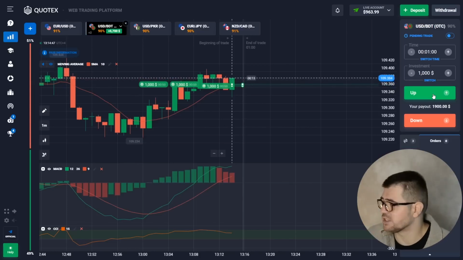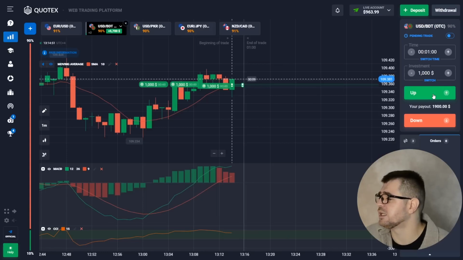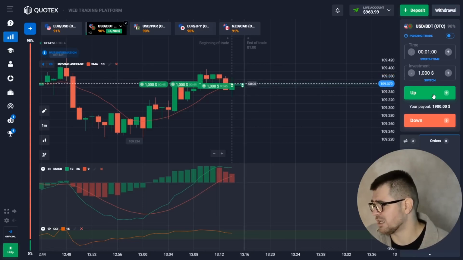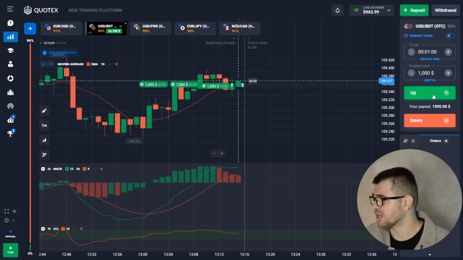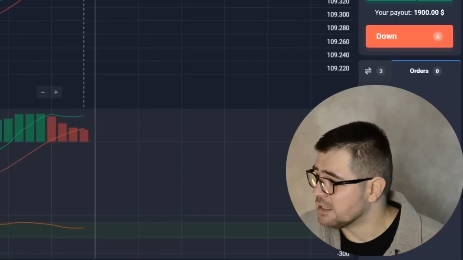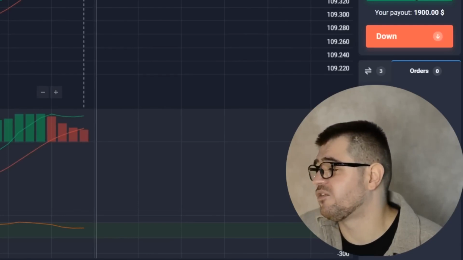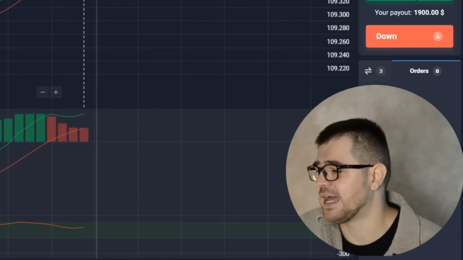Right, 3,000, because there is both a resistance line and a support line that we're in between now. The moving average is acting as a support line, and then we also have a major resistance line, and we're in between the two. So therefore we're kind of in a flat.